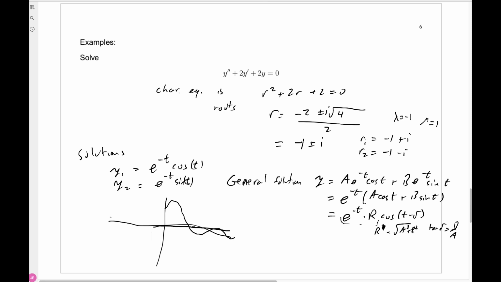Let me erase it and try to draw this a little better. We could use straight axes to make a decent drawing in this case. Let's see. Very quickly, because of the exponential e to the minus t, the amplitude just dies down and tends to 0.